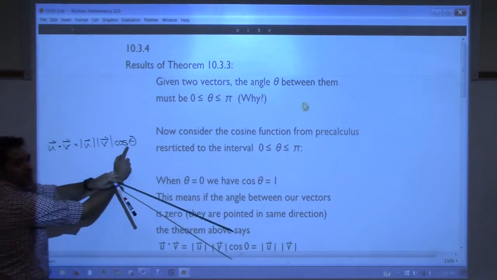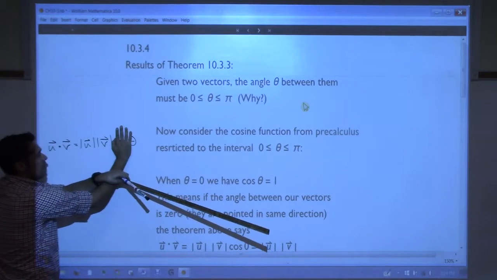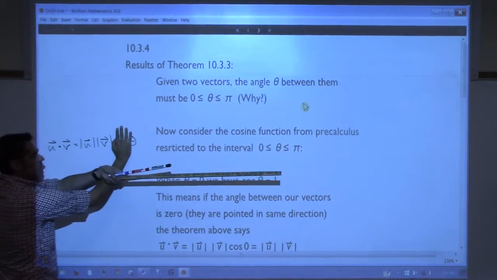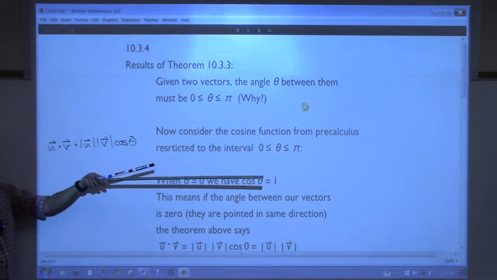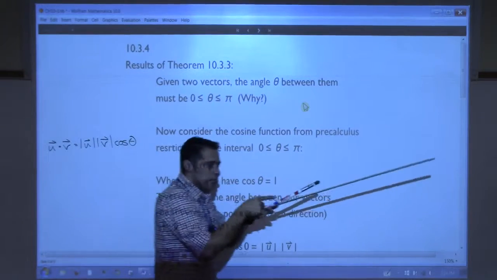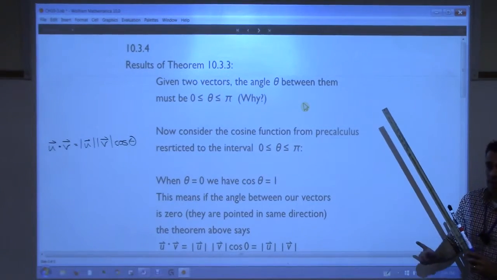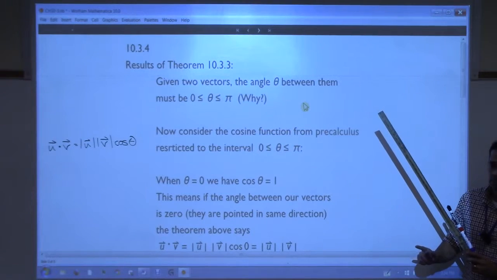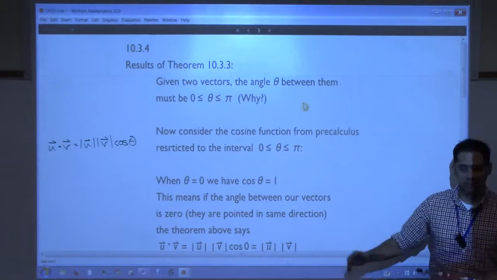This is a 1 now, isn't it? So it's just what? The dot product is just their lengths multiplied. That's all it is. Understand? So if your vectors are pointed in the same direction, then the dot product is the product of their lengths. It's a number, the length of each one multiplied together.